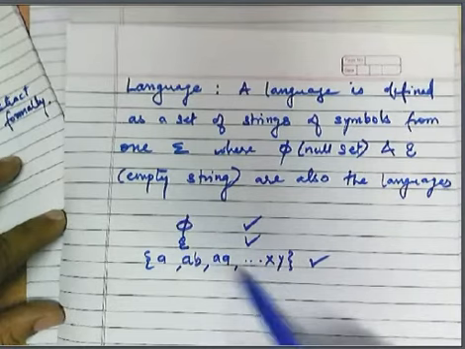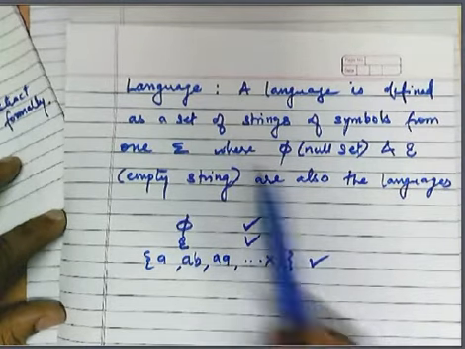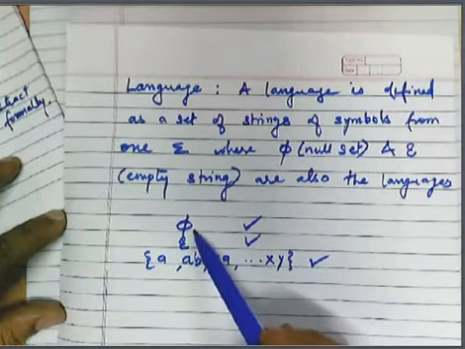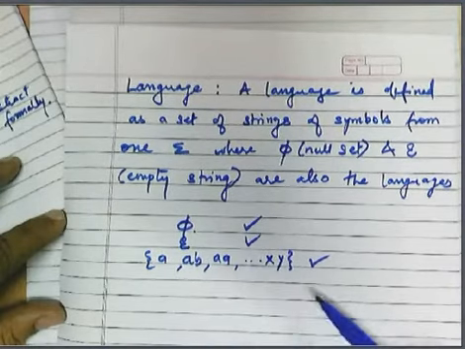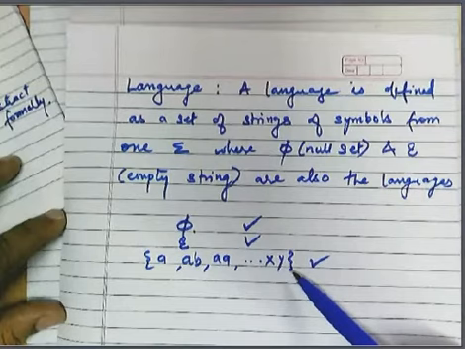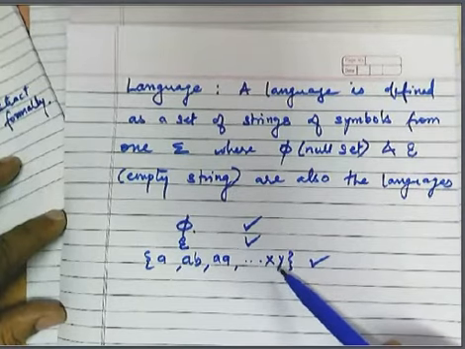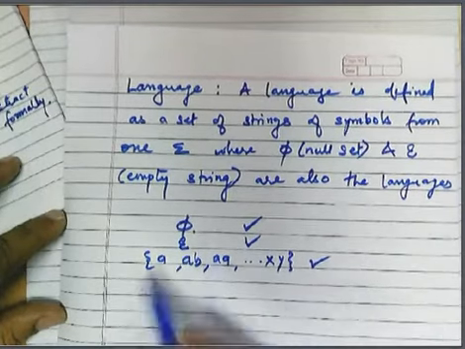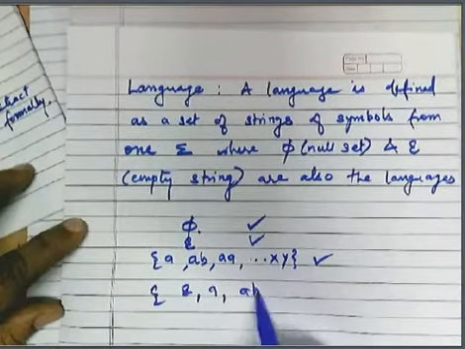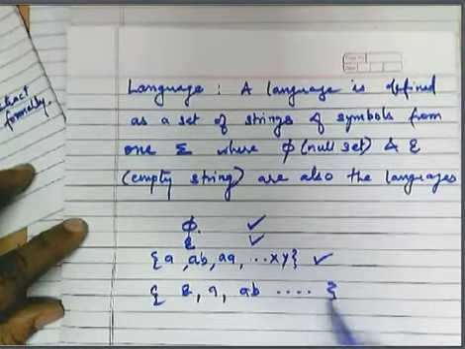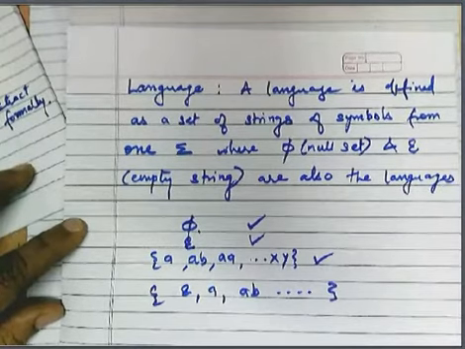So I have considered suppose alphabet A to Z. Whether this is representing a language, yes, it is. It is also the set of valid strings of symbols. Even I can consider empty string, A, B, something like this also a language.